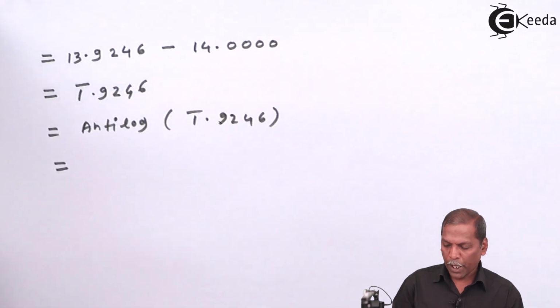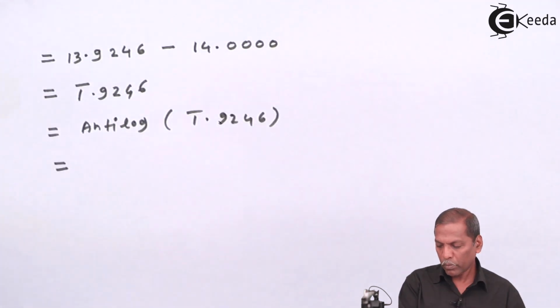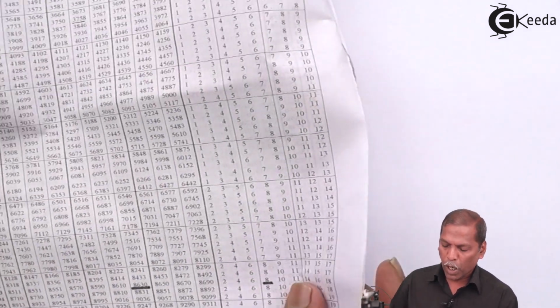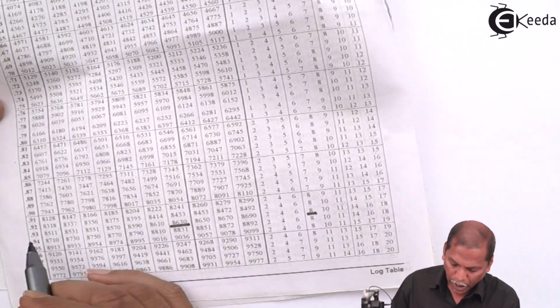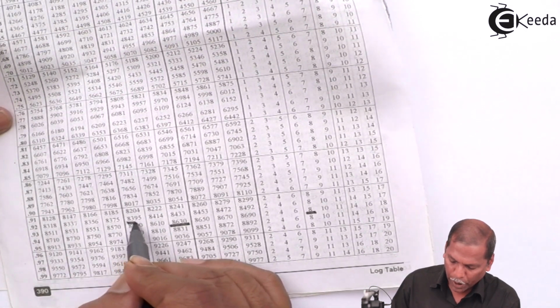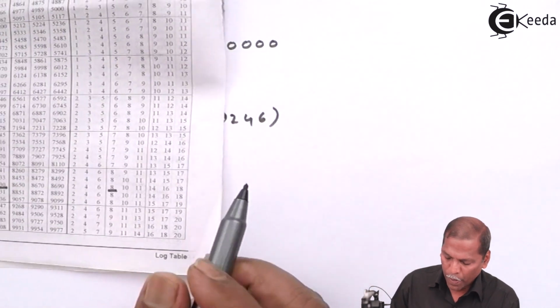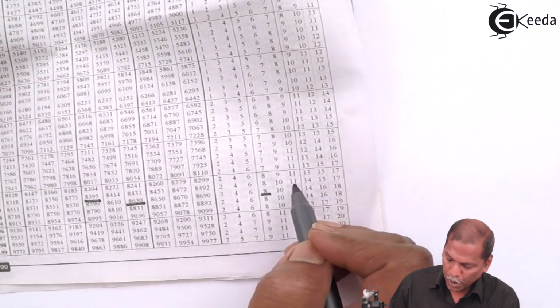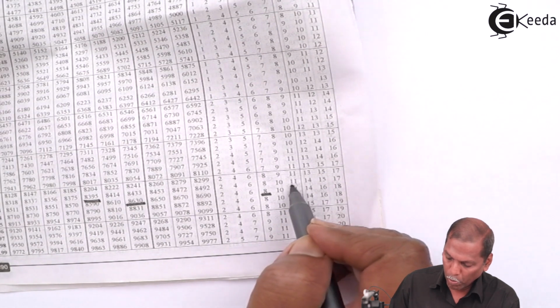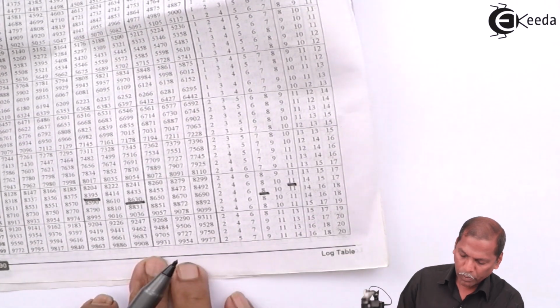Now by using the anti-log table, we have to see 92 under 4. 92 under 4 gives 8395, and the mean difference is 6, so that gives 11.